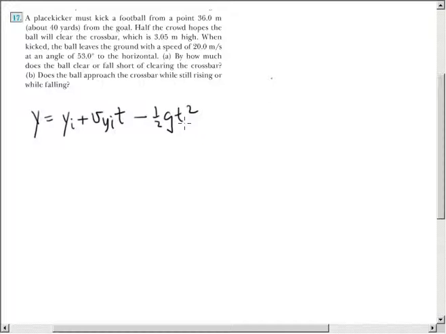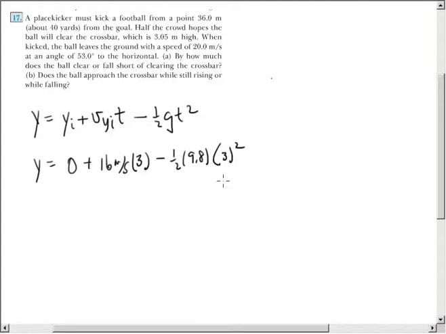We already know t, so we can look at y at that time. y will be equal to 0 plus 16 meters per second times 3 seconds, minus 1/2 times 9.8 times 3 squared.